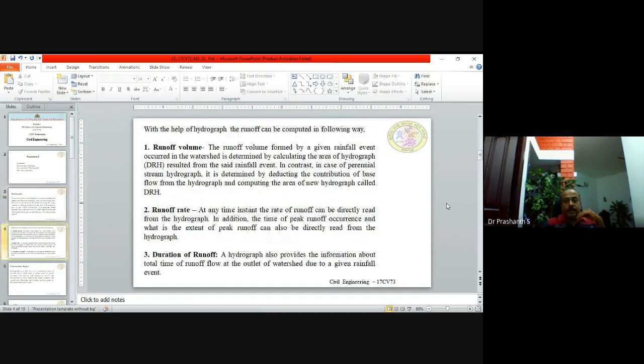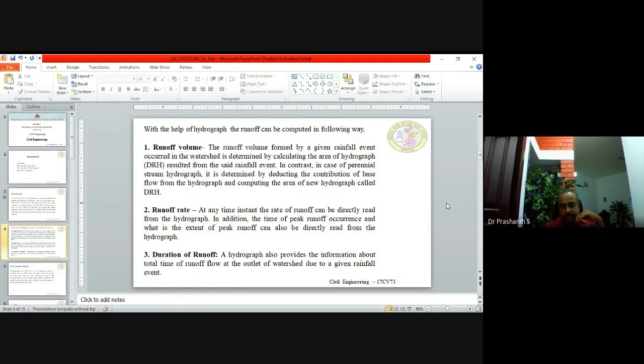With the help of a hydrograph, the runoff can be computed in the following ways. The first one is runoff volume. The runoff volume formed by a given rainfall event occurring in the watershed is determined by calculating the area of the hydrograph resulting from the said rainfall event.